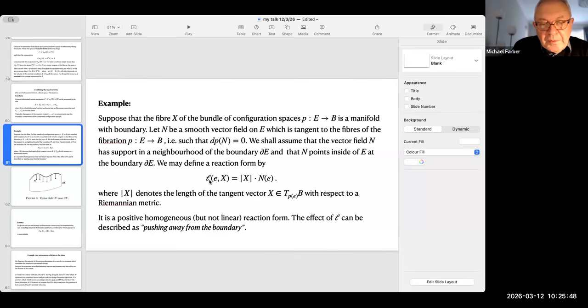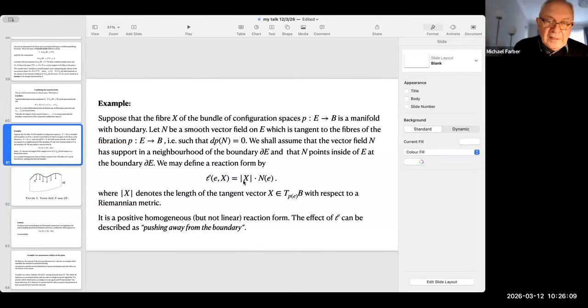So then we can define this reaction form by this formula. So it pushes away from the boundary along this vector n, and the magnitude is the absolute value of this vector x.